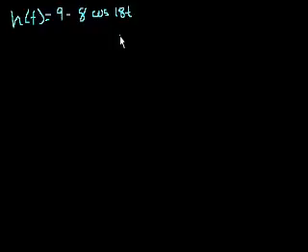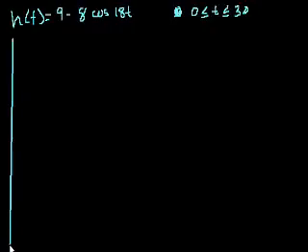Now, the second part of this problem, they want us to graph h as a function of t between 0 is less than or equal to t is less than or equal to 30. So let me draw axes. So let's say that's my h-axis.